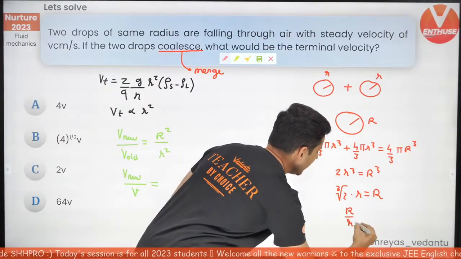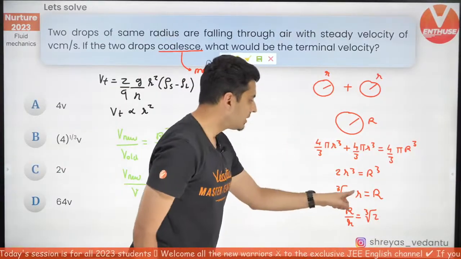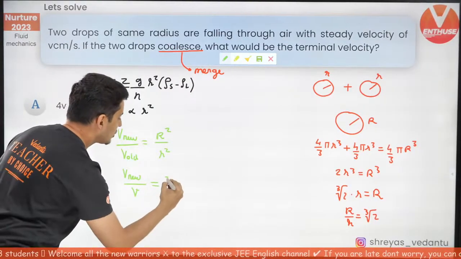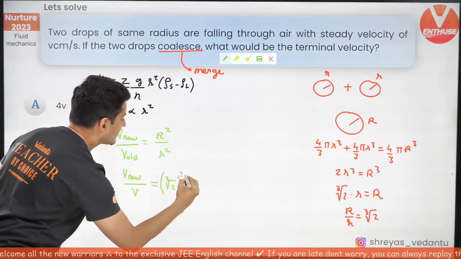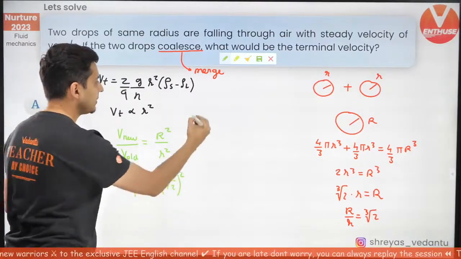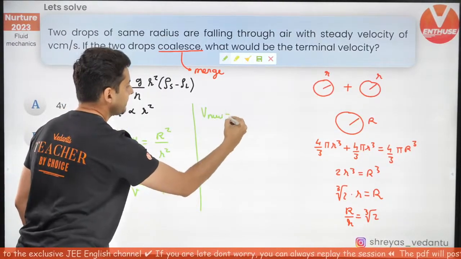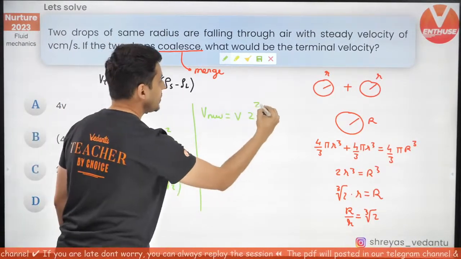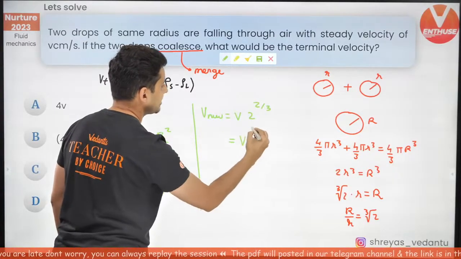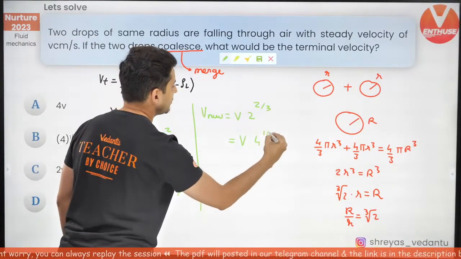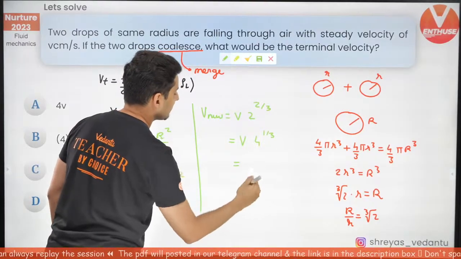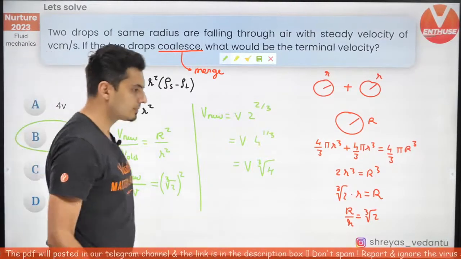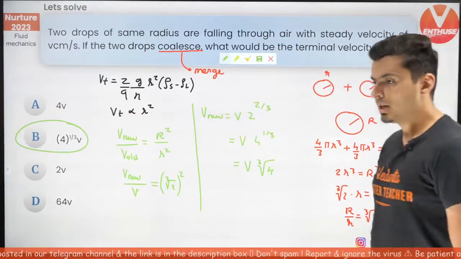R by small r will be cube root of 2. So basically what you will get is cube root of 2 whole square. So the new speed will be v into 2 raised to 2 by 3, which is v into 4 raised to 1 by 3, which is v cube root of 4. I think that is there over here. Understood?